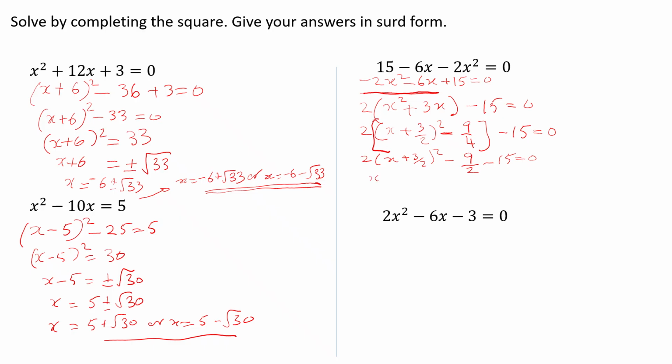So 2 times x plus 3 over 2 squared equals 9 over 2 plus 15, which is 9 over 2 plus 30 over 2, so 39 over 2.